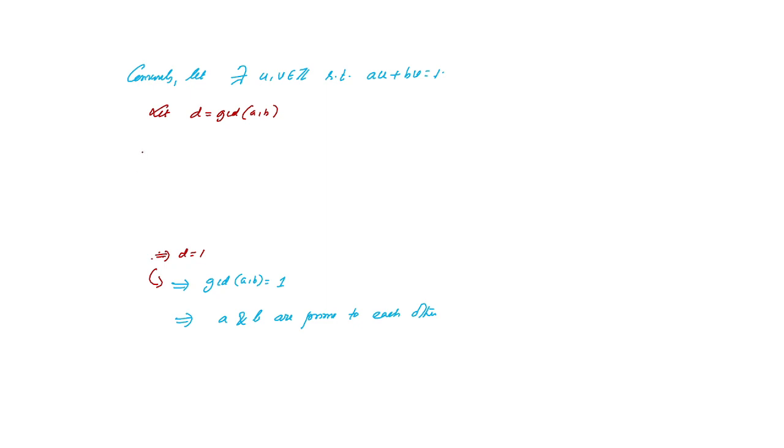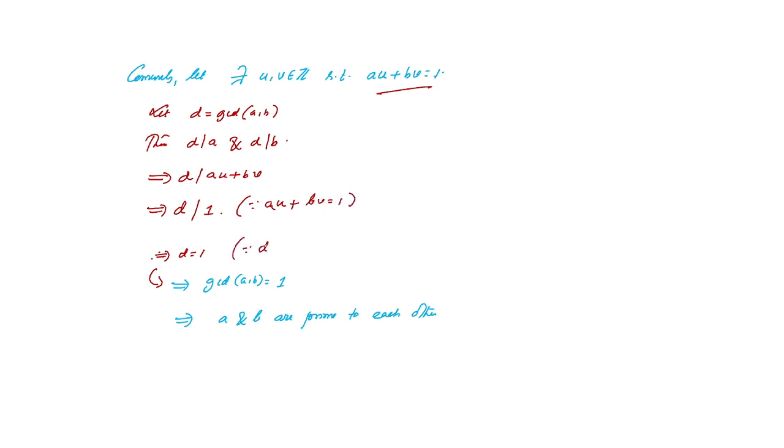So how to prove? D is the GCD of A and B, so D must divide A and D must divide B. And that implies D must divide AU plus BV. That implies D divides 1. Why 1? Because it is given that AU plus BV is 1. And since D is positive, D divides 1 and D is greater than or equal to 0, so D must be 1.